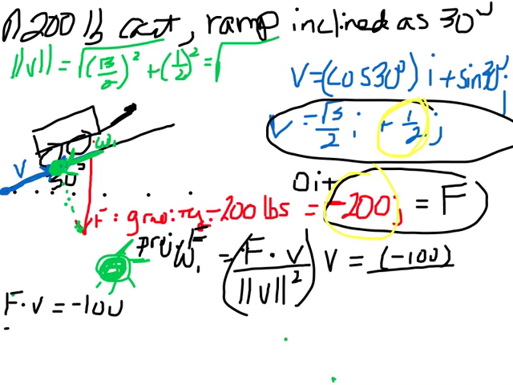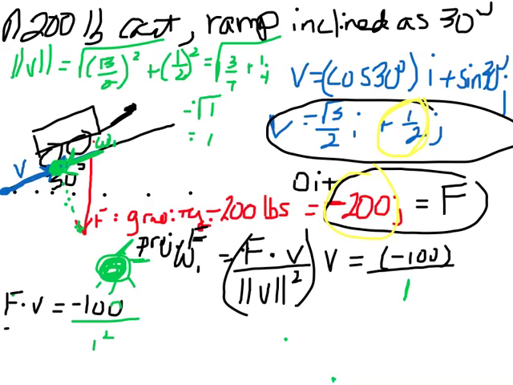So that's the square root of 3 over 4 plus a half squared is 1/4. 3/4 and a fourth is just 1, so that's the square root of 1, which is 1. So on the bottom, the magnitude of v squared is just going to be 1 squared, so it's just 1, and on top is negative 100.